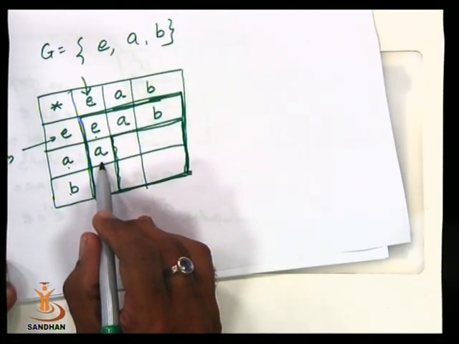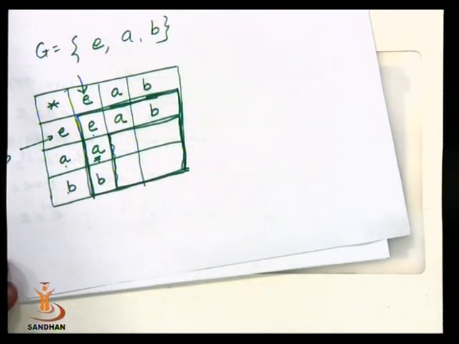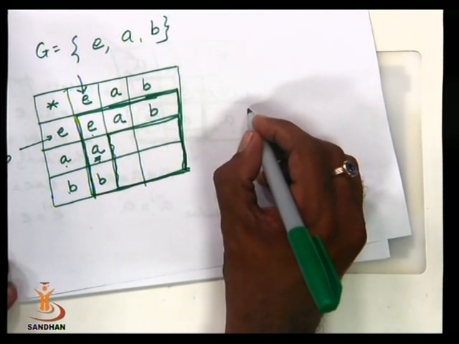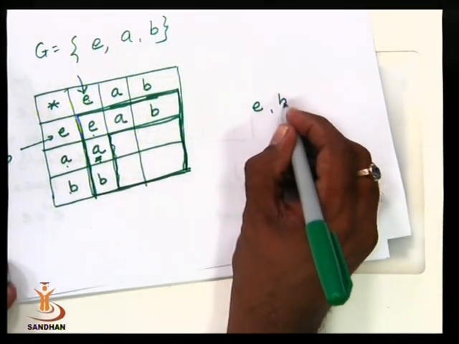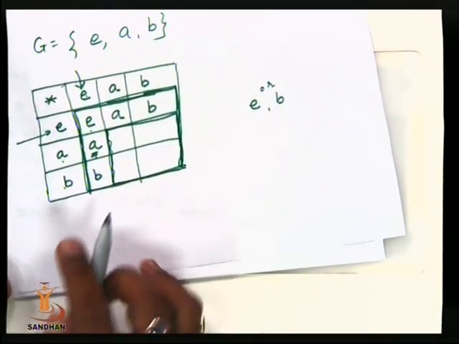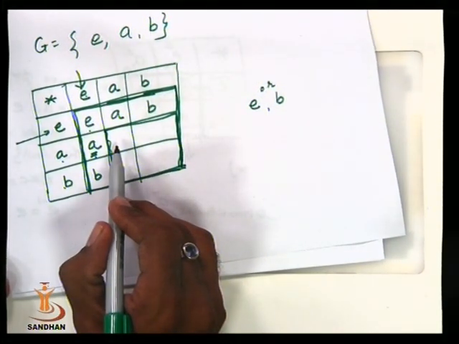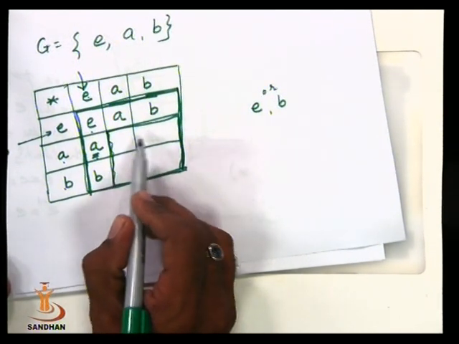See, in the second row A already exists, so the remaining elements are either E or B. So here either there will be E or B.